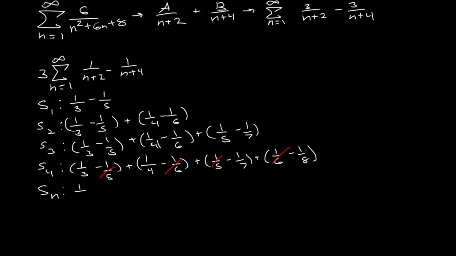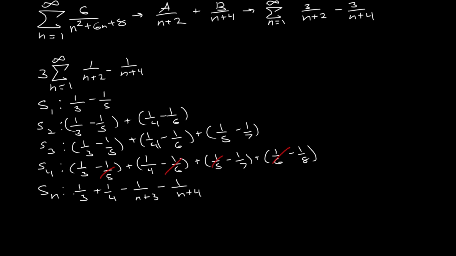So we can write our general solution S sub n. We know that we have 1/3 plus 1/4 minus 1 over n plus 3. We know that it's n plus 3 because this 7 is 3 above the upper limit. And we know that this 8 is 4 above the 4, so that means that it's n plus 4.